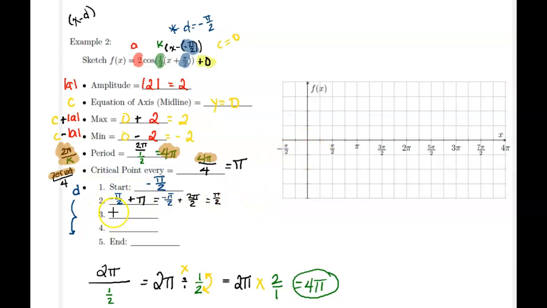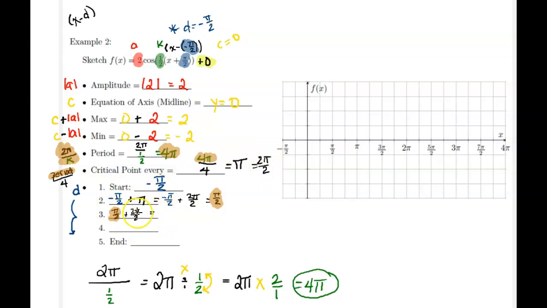So to find my third point, I take this value right here, pi over 2, and I add another pi, or, to make it easier, 2 pi over 2. That's exactly what this is equal to.